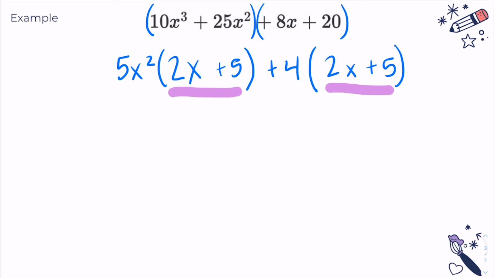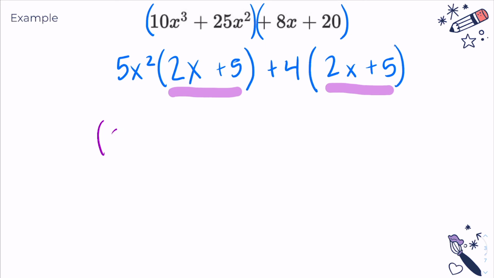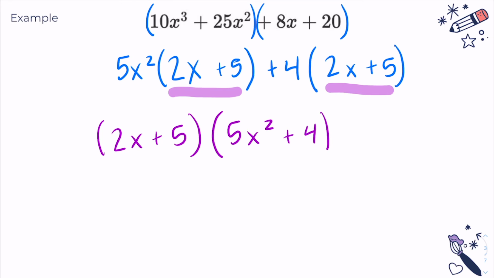All right, we have one more step. Now we have two terms, this term and this term, and their GCF is what I've underlined, 2x plus 5. So we factor out 2x plus 5. And then whatever we're left with when we divide that out goes in our second factor.